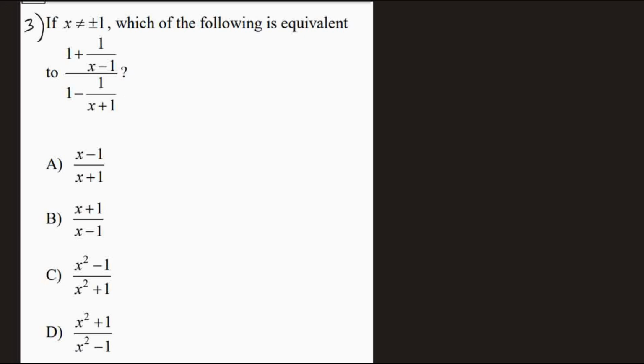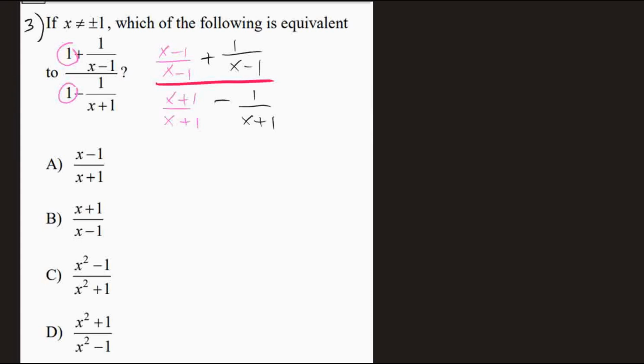So we have to times with x minus 1. So 1 is equal to x minus 1 over x minus 1 to make 1, and this is equal to 1 over x minus 1. So I replace 1 with that, and over the same thing I apply here, x plus 1. 1 I replace with x plus 1 over x plus 1, and minus 1 over x plus 1.